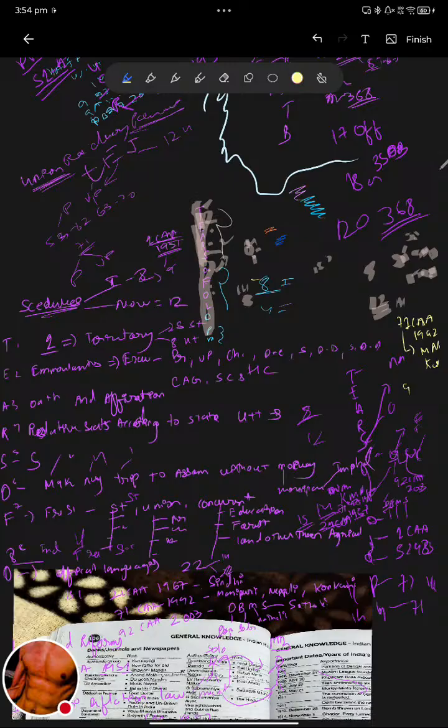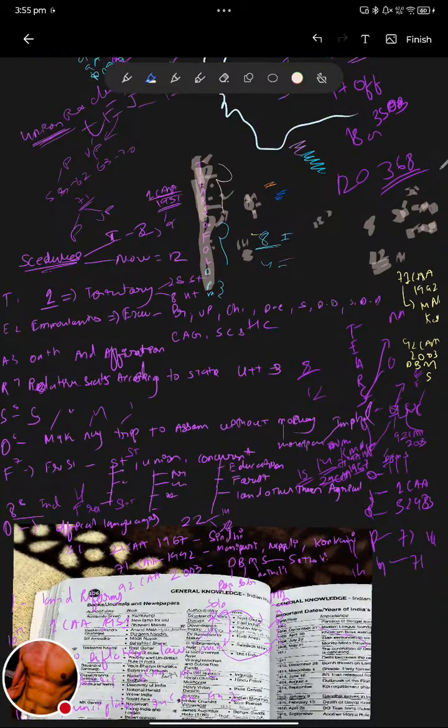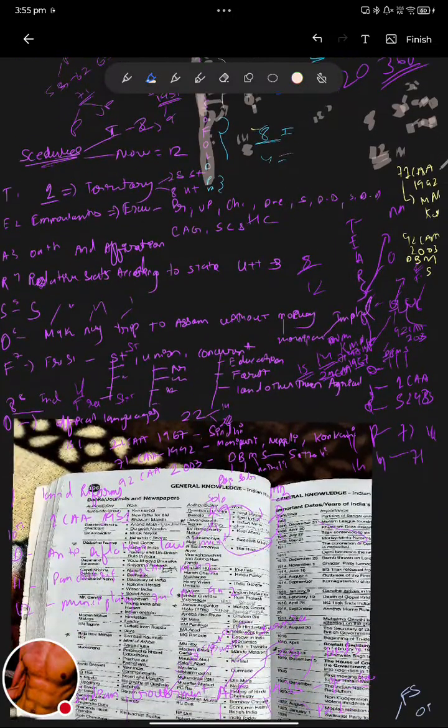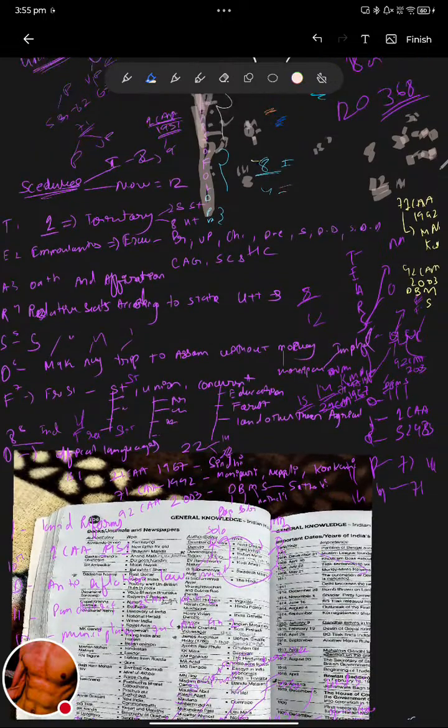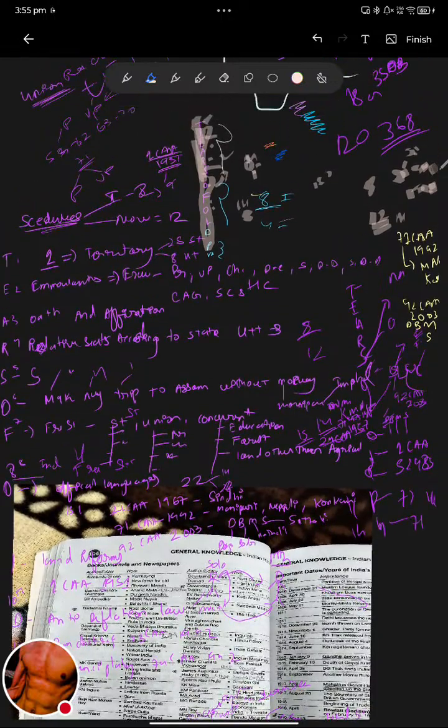Then in the 92nd Constitutional Amendment Act of 2003, they added Dogri, Bodo, Maithili, Santhali, DBMS. That is the eighth one. Then after official language it is land, and this is the first Constitutional Amendment Act of 1951.